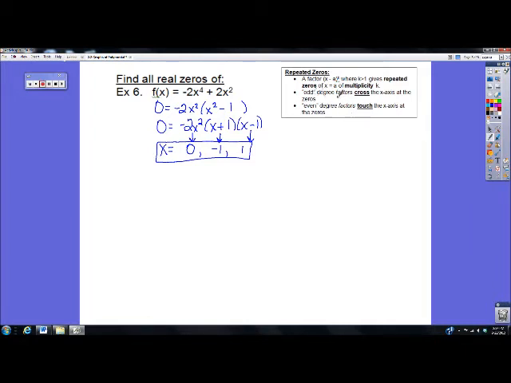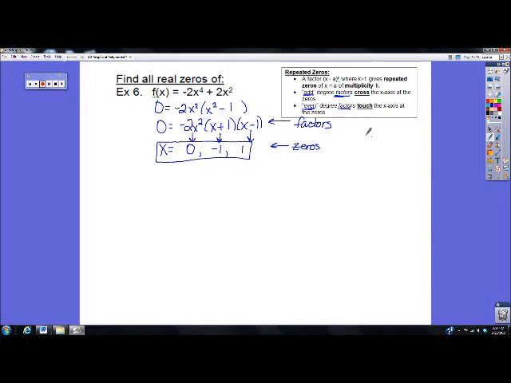Odd degree factors, okay? These are your factors right here. These are your zeros. Odd degree factors cross the x-axis at the zeros. Even degree factors touch the x-axis at the zeros.